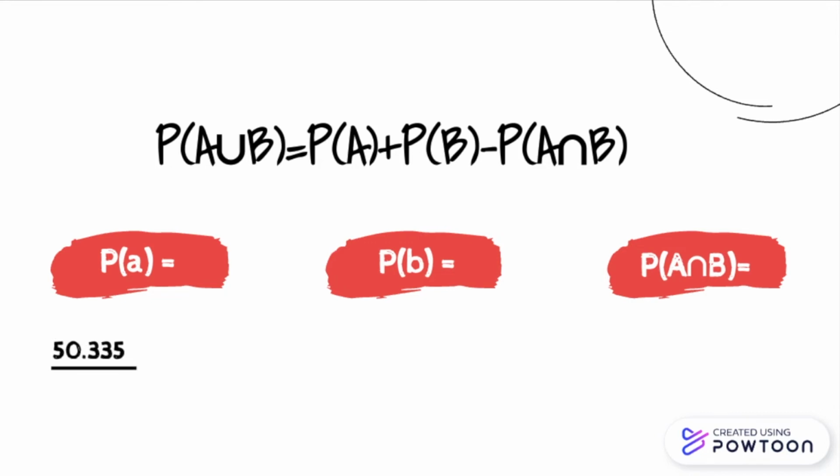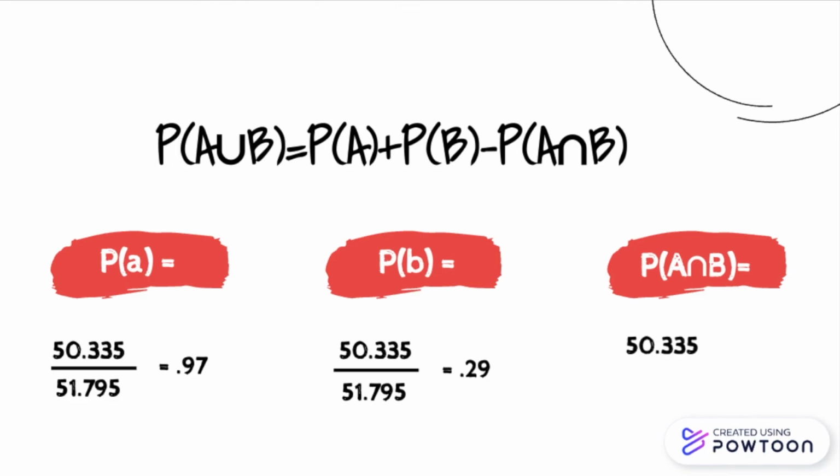To get P of A, we divide the number of cases that have been healed by the number of total cases, and we get 0.97. To get P of B, we divide the number of cases that have been treated in hospital by the number of total cases, and we get 0.29.